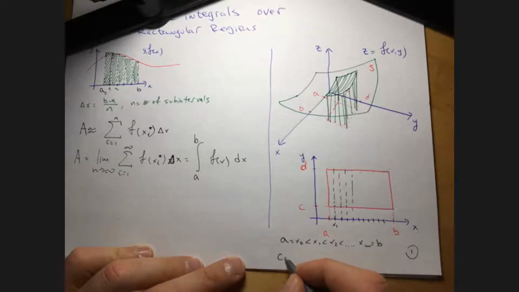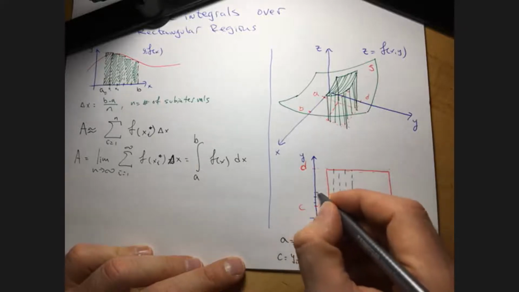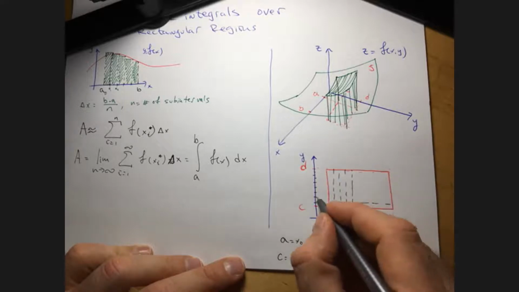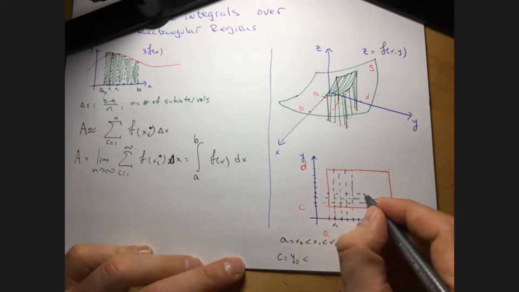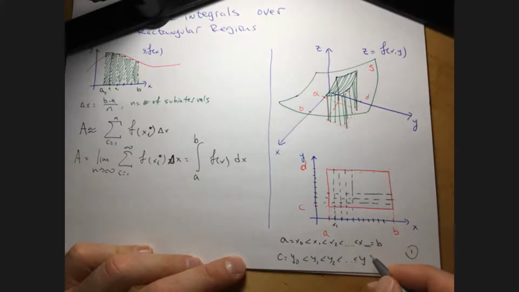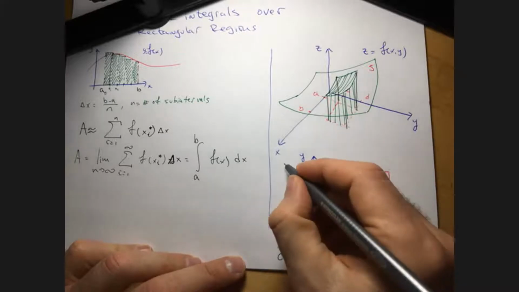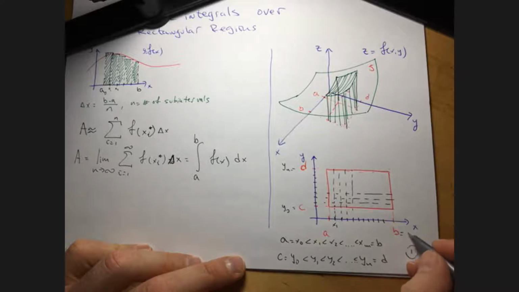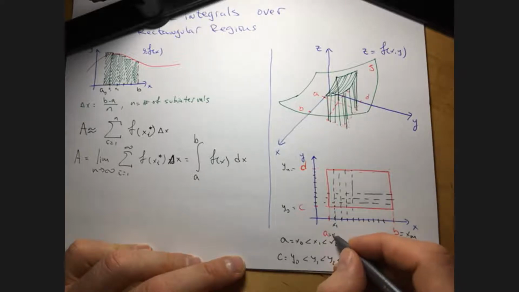On the other hand, I divide the interval CD into n subintervals, 1, 2, 3, 4, all the way up to n. So y naught is c, then y1 less than y2 less than and so on up to yn, which is equal to d. And b is equal to xm, and a is equal to x naught.